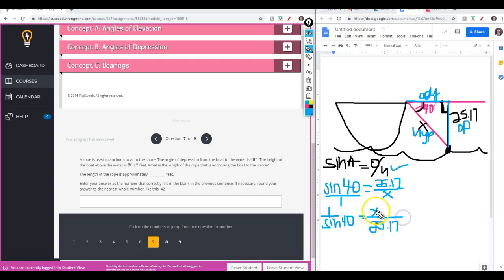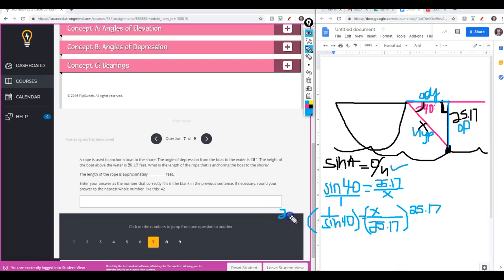Alright, so now x is being divided by something instead of it dividing something. I know that the inverse operation of dividing by 25.17 would be multiplying by 25.17. The reason why we want to multiply by 25.17 is because it will reduce down to 1 on this side.